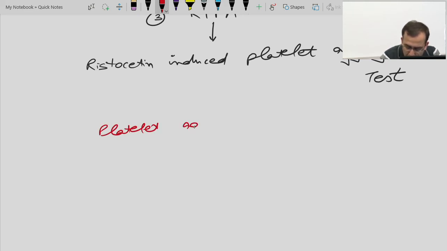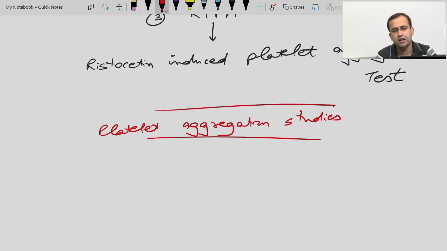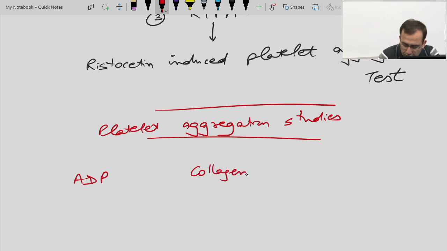What we mean by this is, having a look at platelet aggregation studies. We look at the response of platelets by exposing them to ADP, collagen, and ristocetin.